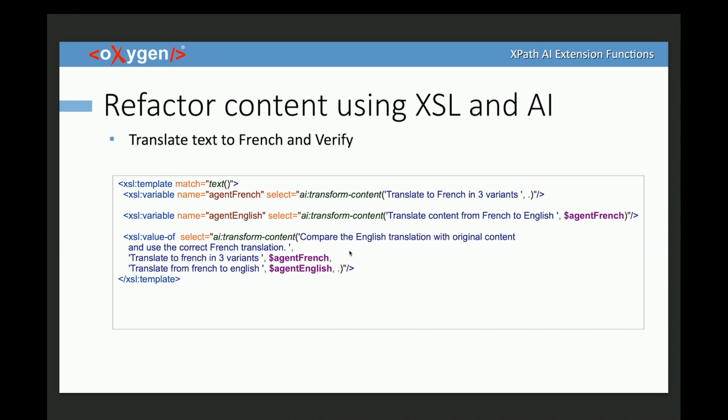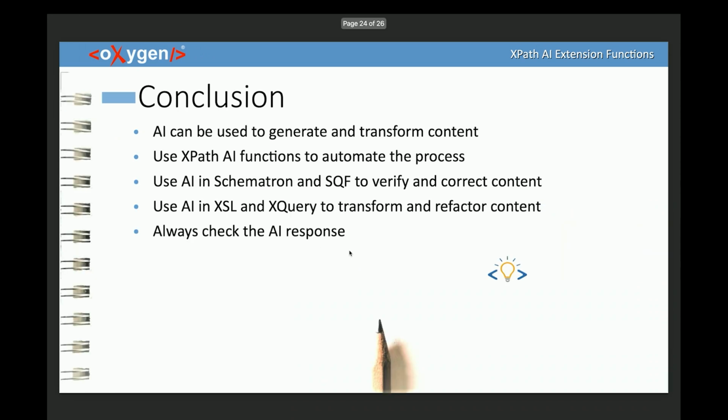So ask the AI, in fact, to translate in 3 variants in French, then translate back to English, and then check which variant is better for you. So you can also have different checks to improve the translation that you have in your document. So this is another solution if you want to have a perfect translation and also be checked by the AI.